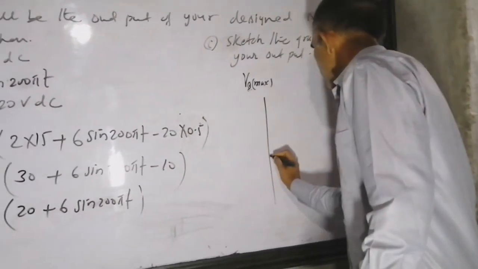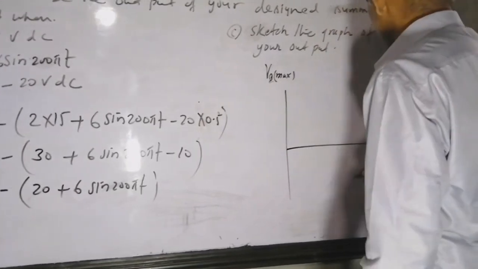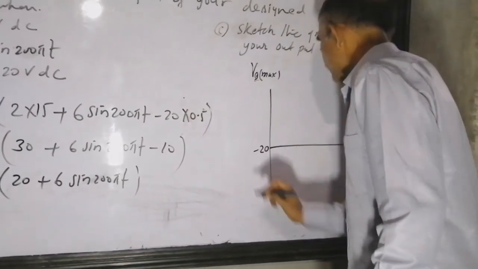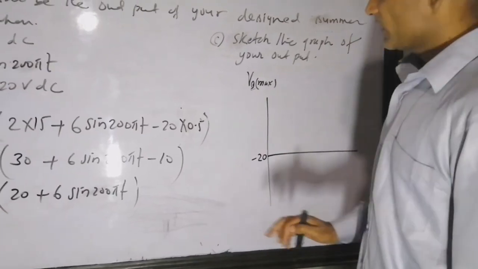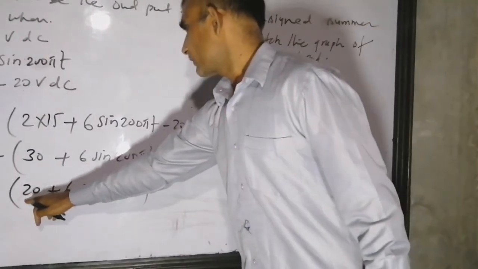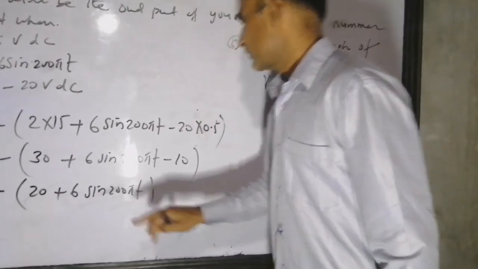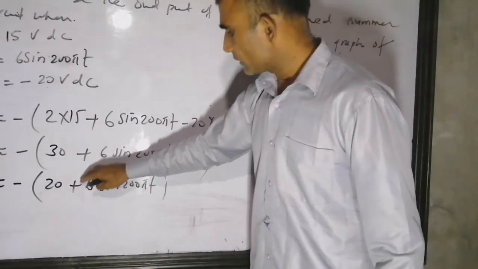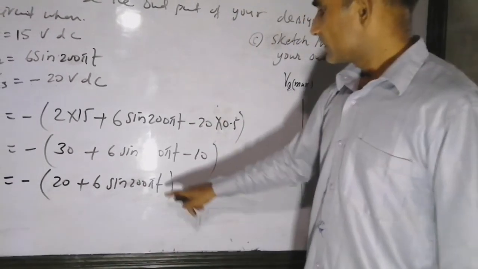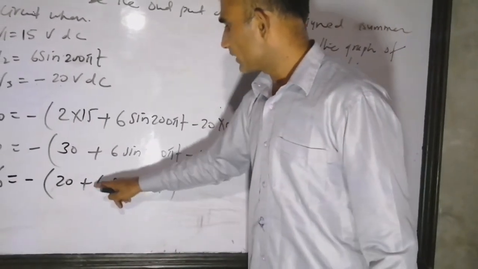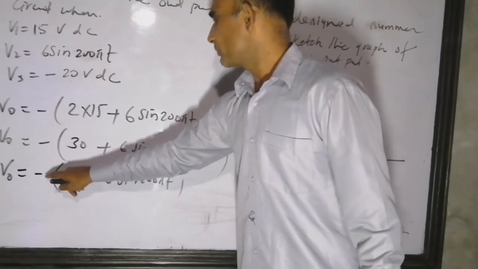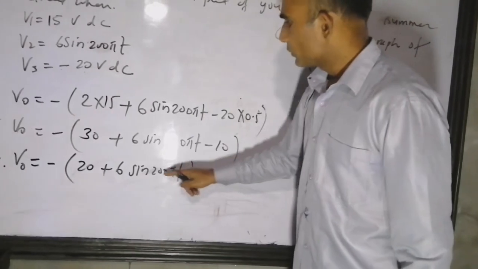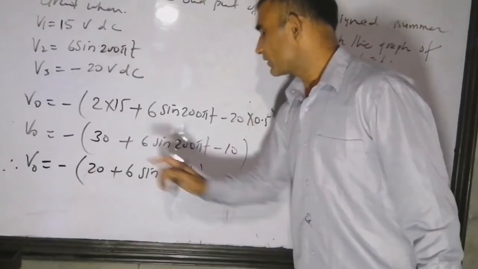So when time is 0, minus 20 is our value. When time goes on increasing, this term increases, and the extreme value occurs when this becomes 90 degrees. So 20 plus 6 is 26, minus 26.